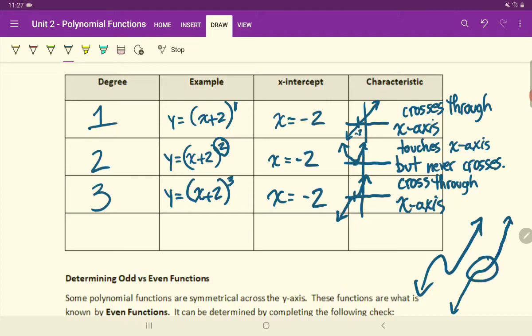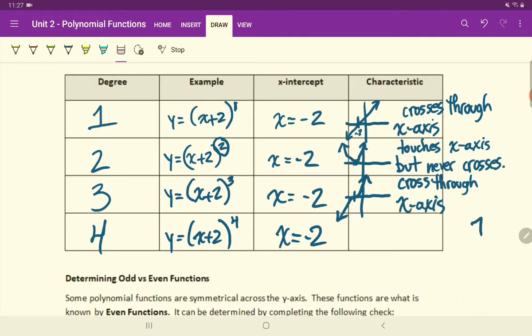And now lastly, if we have a fourth degree equation, something like this to the power of 4, my x-intercept is still at -2. It's going to look like the parabola, but wider.